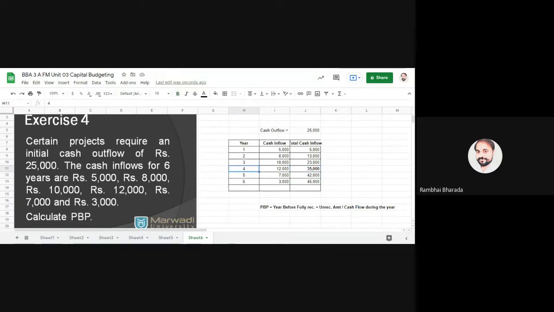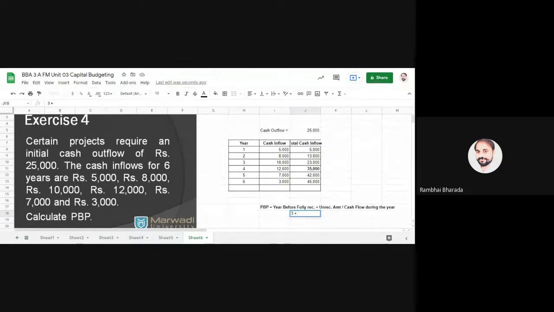So year before full recovery means which year? फोर्थ में तो फुल्ली रिकवरी हो गई, उससे पहले का ईयर बिफोर फुल्ली रिकवरी, बेटा, 3. ओके, बात समझ में आ गई? फोर्थ ईयर में तो फुल्ली रिकवरी हो रही है, तो उससे पहले का ईयर कौन सा है? 3. ओके, 3 plus unrecovered amount.